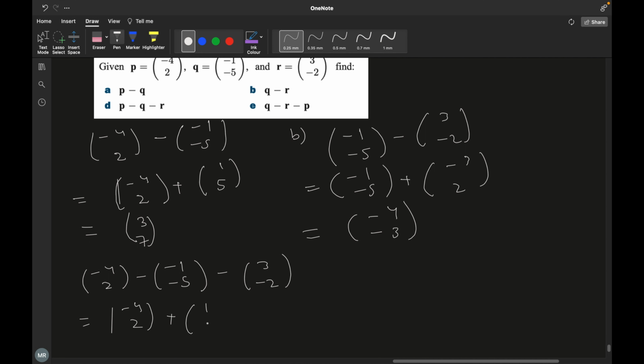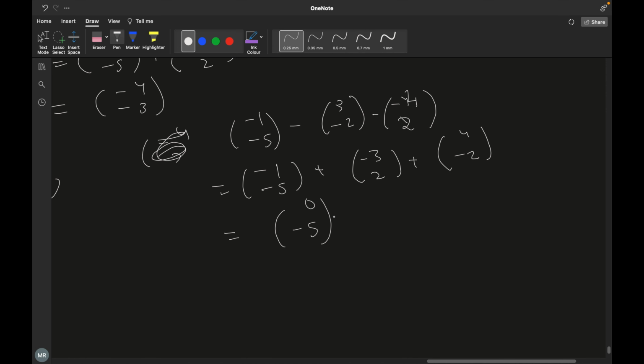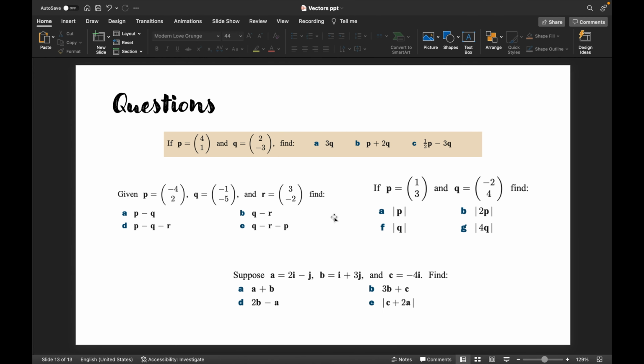And then minus B. We had 0 on top and minus 5 here. And therefore this is 0i minus 5j. And with that we finished this subtopic.